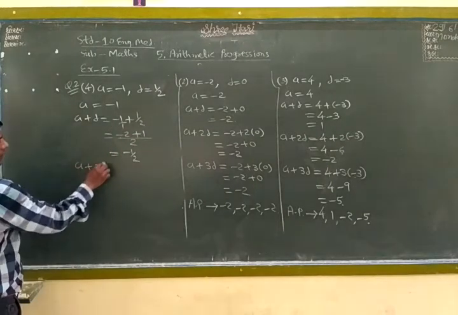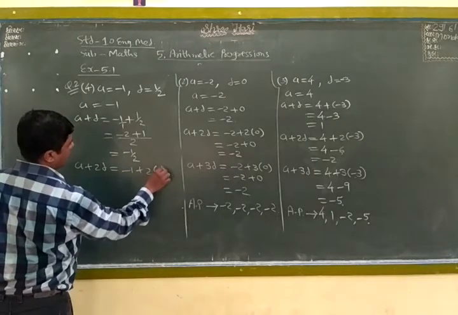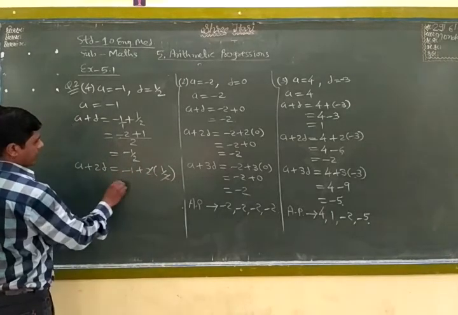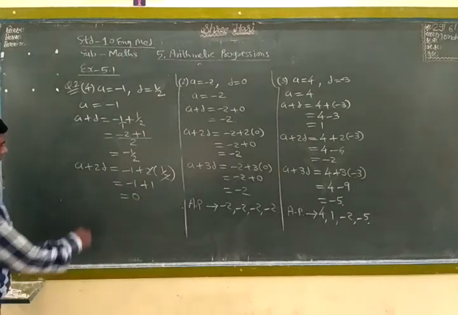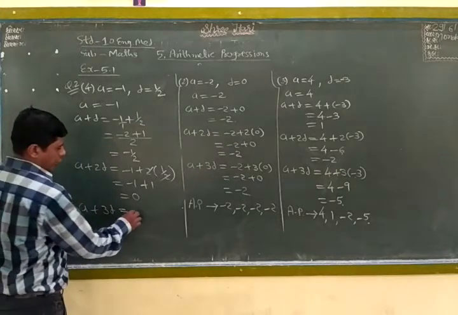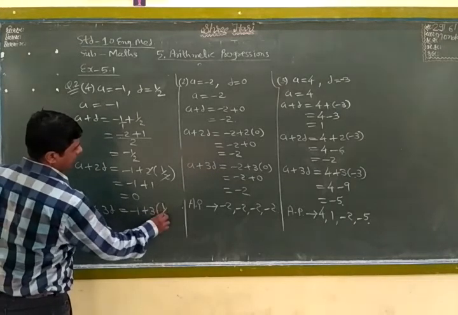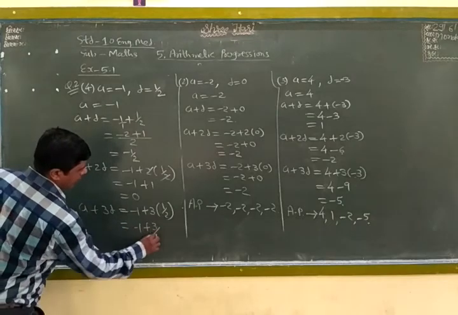A plus 2D, A means minus 1, 2 times D means 1 by 2. The 2s cancel, minus 1 plus 1, 1 minus 1 is equal to 0. A plus 3D, A is equal to minus 1 plus 3 times D, which is 1 by 2. Now we multiply, 3 times 1 is 3 by 2.